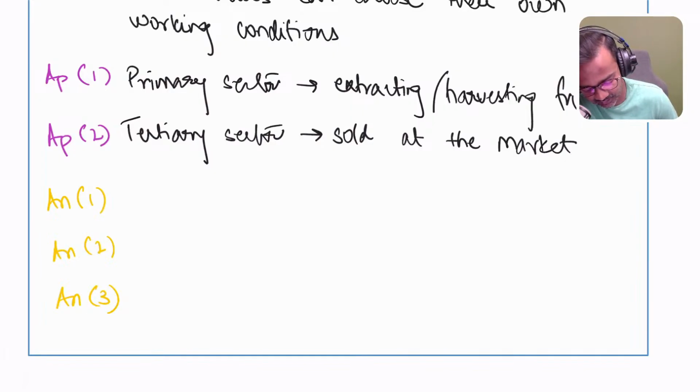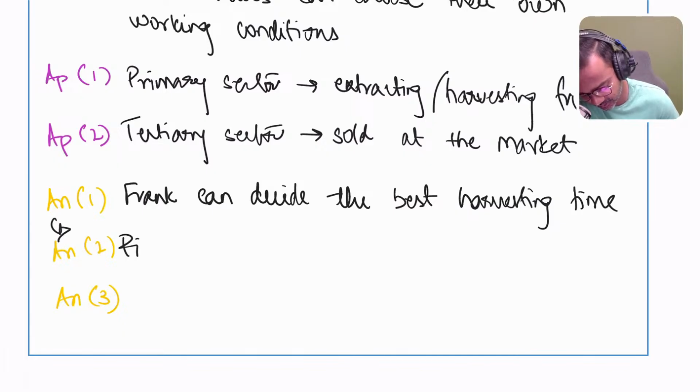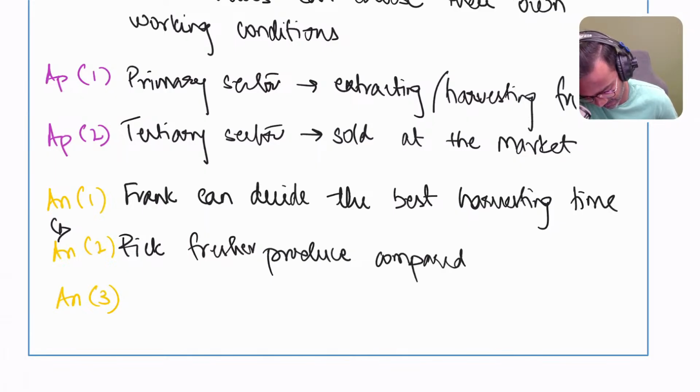So what I can write is that Frank can decide the best harvesting time, right, which he does, and this allows him to pick fresh produce, fresher produce compared to competitors, right?